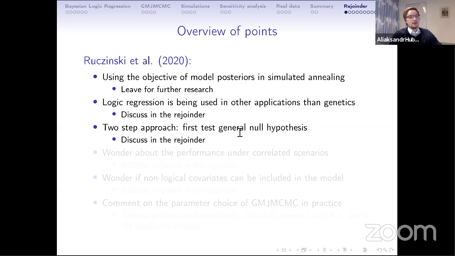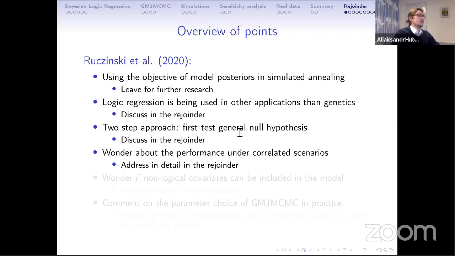And only if there is an indication of some signal, one would then proceed with the inference using, for instance, GMJ MCMC on Bayesian logic regression. This is a very good idea that can save a lot of computational resources because Monte Carlo inference is computationally costly.